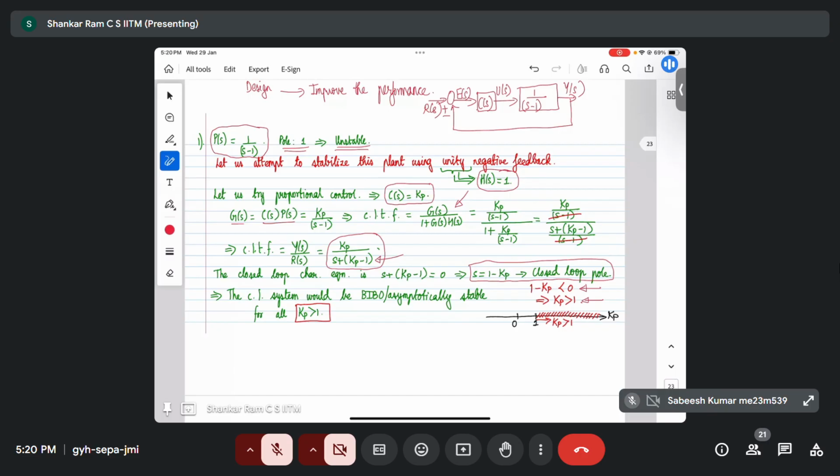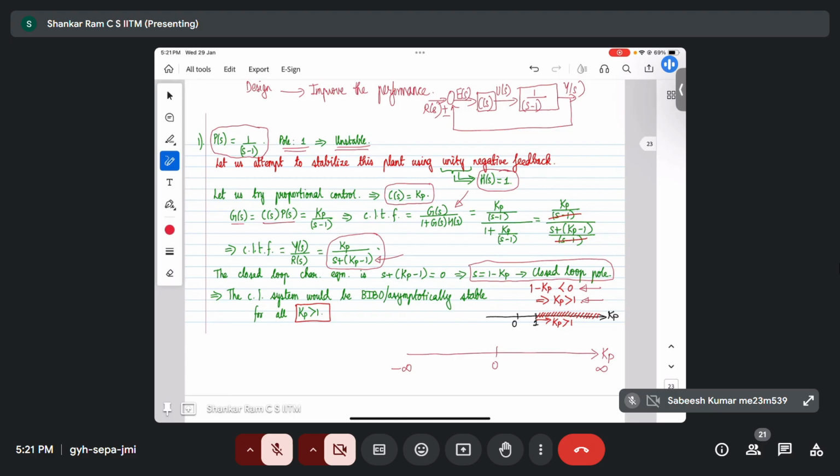Through this analysis, what you and I have done is, as we discussed even yesterday, Kp is a real parameter. It can vary from minus infinity to plus infinity.